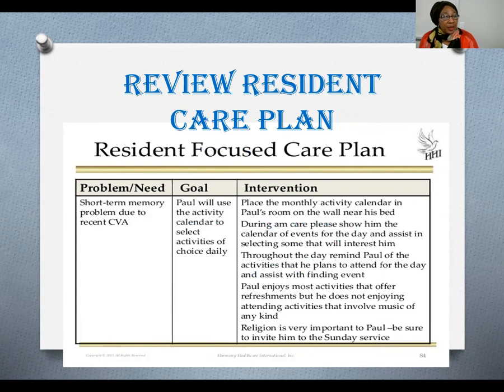For example, this person has short-term memory loss because they had a stroke, and the goal is to have this person use the activity calendar to select activities of daily living. The intervention will be to place the calendar where they can see it, do AM care to show him so that he is very familiar, and throughout the day remind Paul of the activities that he planned to attend and assist with finding the event.